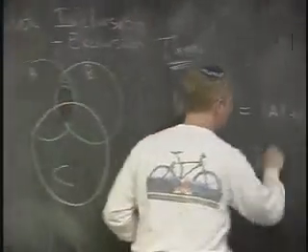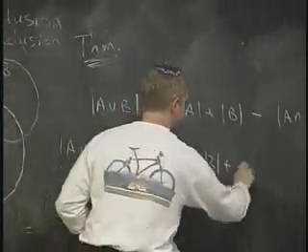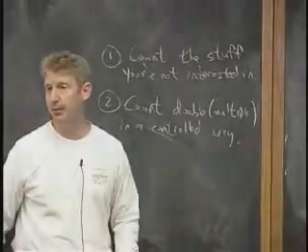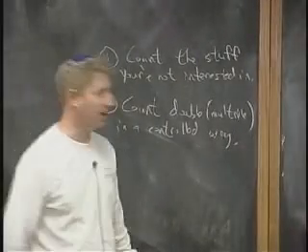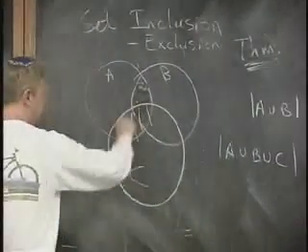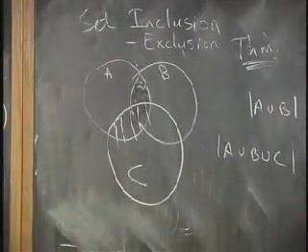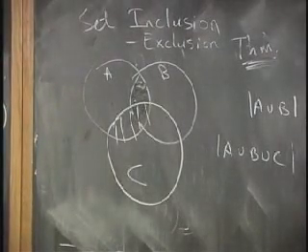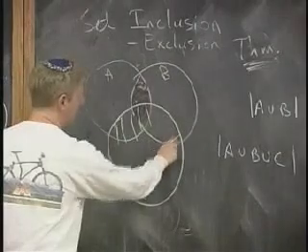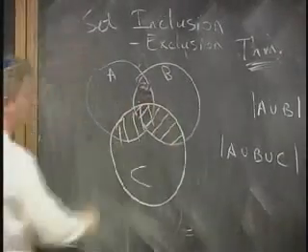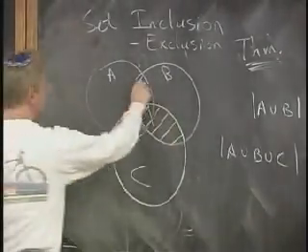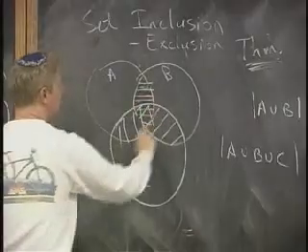So, you know this is wrong. You know that's wrong because they overlap. So how do we fix it? This is counted how many times? Twice. This is counted twice. This is counted twice.